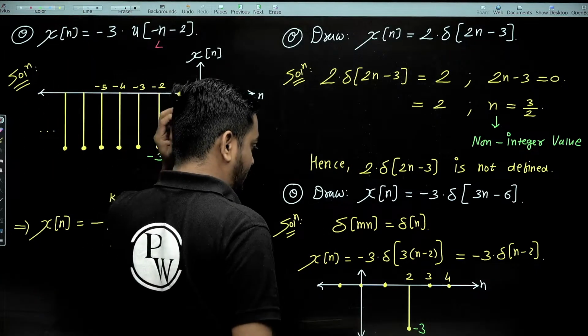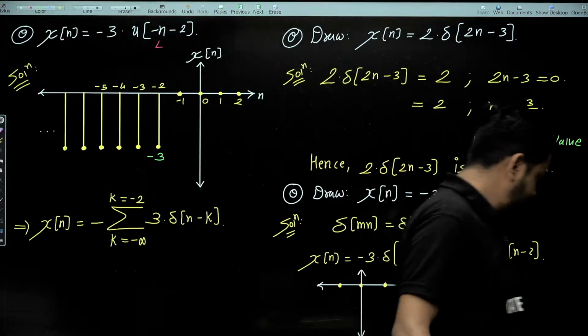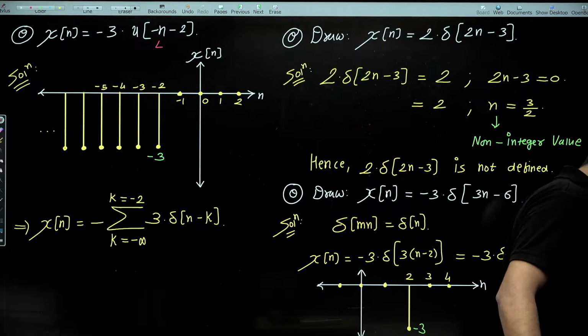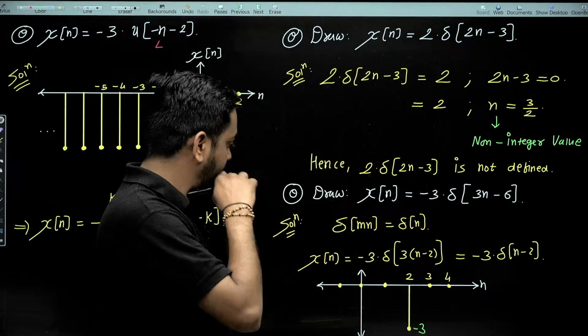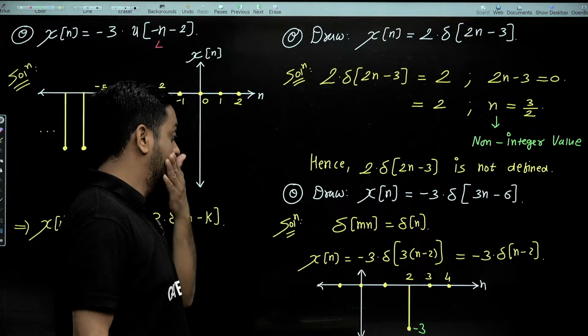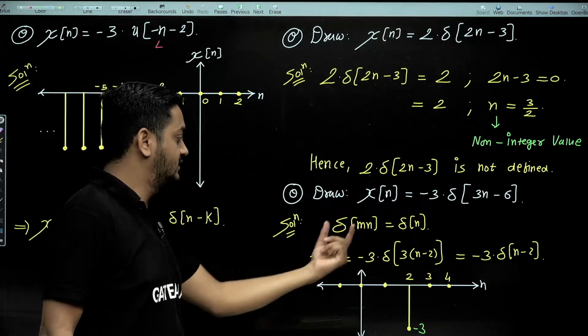Got it? Is this clear to each and everyone? Yes, the amplitude is the same. There is no change in amplitude. We are performing the time scaling operation on the discrete impulse function.